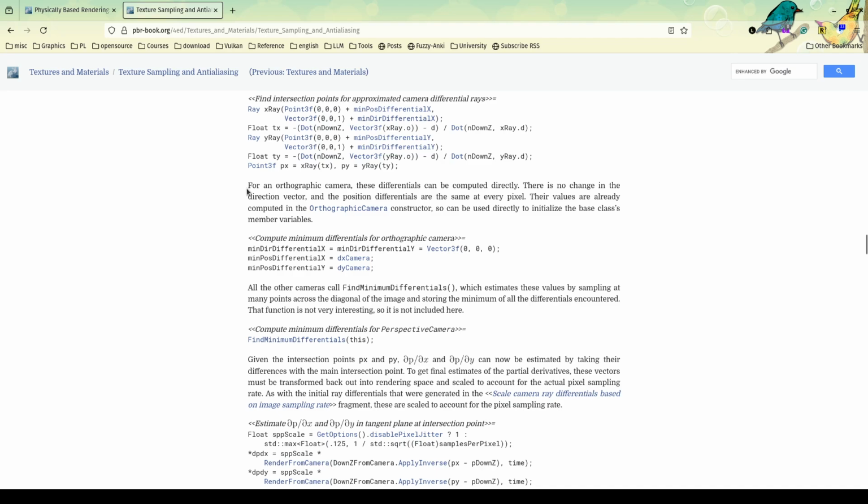For an orthographic camera, those differentials can be computed directly. There is no change in the direction vector, and the position differentials are the same at every pixel.